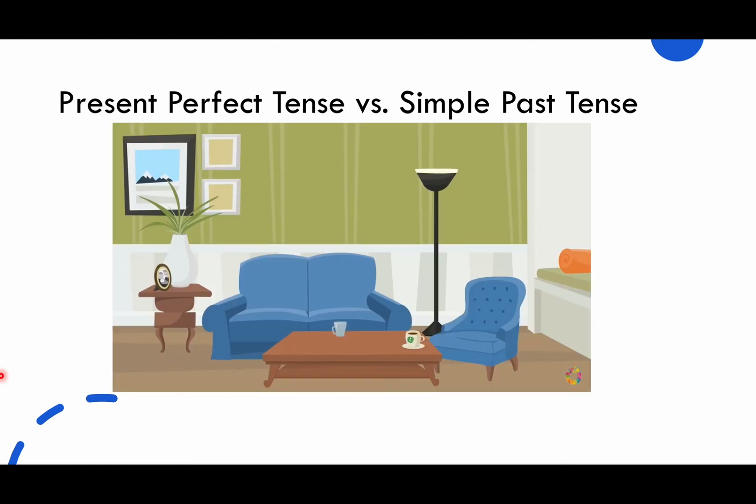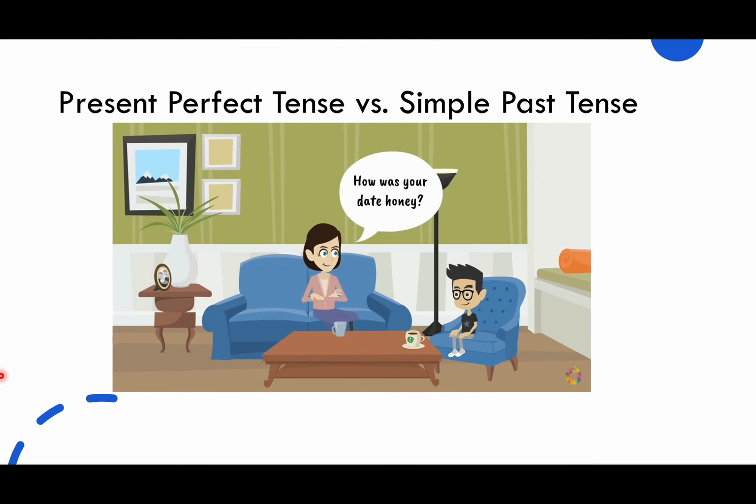On the other hand, the past simple has only one function, that is, to talk about finished events where the time is known. In this scene, although the time is not mentioned, both the boy and his mother know the time of the date.